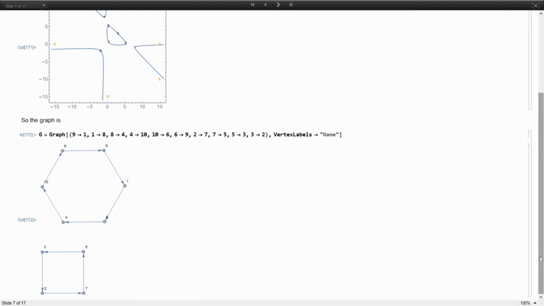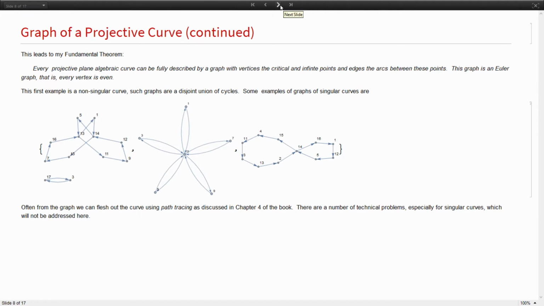And this gives us what I call my fundamental theorem of plane projective curves, in that every projective plane curve can be fully described by a graph where the vertices are the critical and infinite points, and the edges correspond to an arc between the vertices.